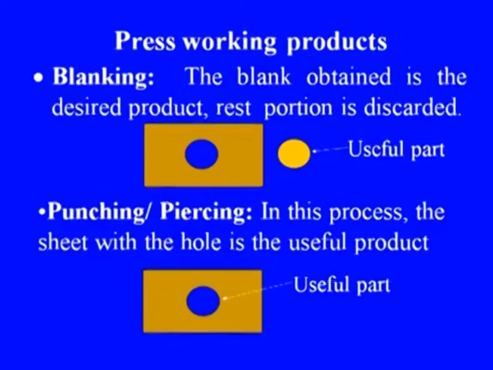Here, as shown in the figure, the useful part of this entire sheet is the blank produced. In contrast, in piercing process, the sheet with the hole is considered as the useful product.